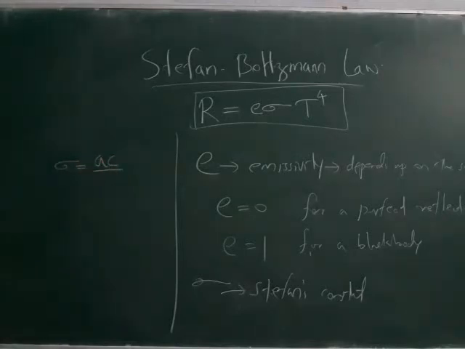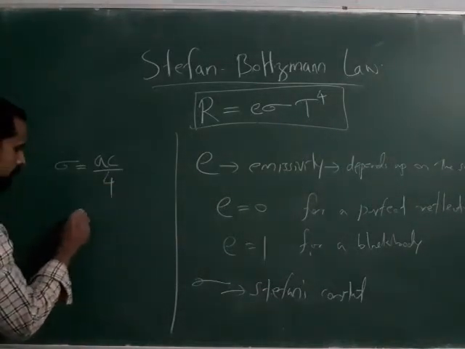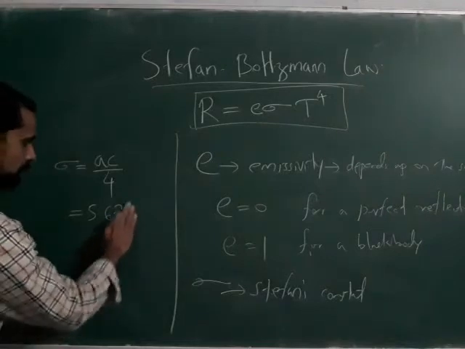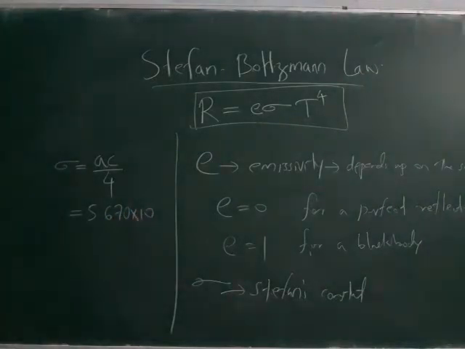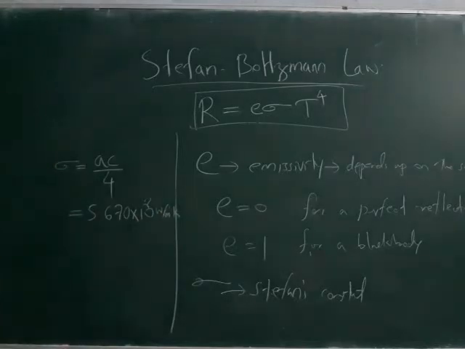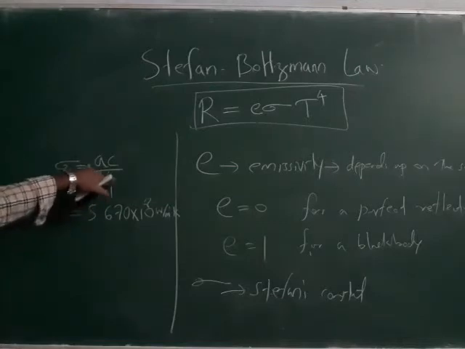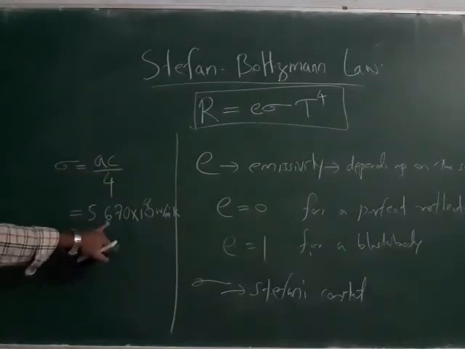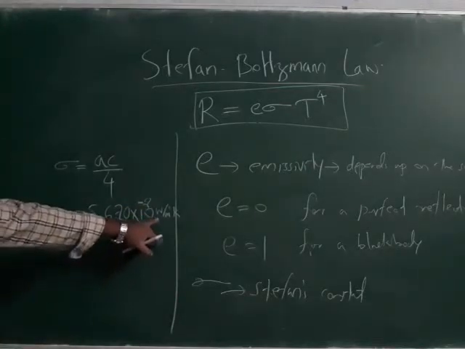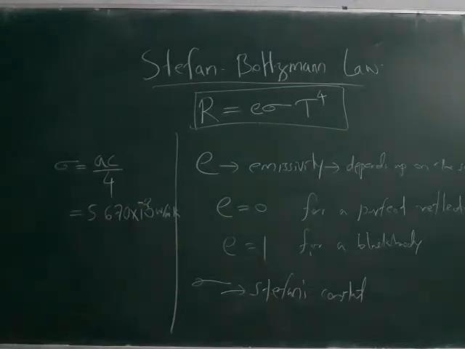And this Stefan's constant sigma has the value 5.670 times 10 to the power minus 8, not plus 8, minus 8, Watt per meter square Kelvin raised to 4.